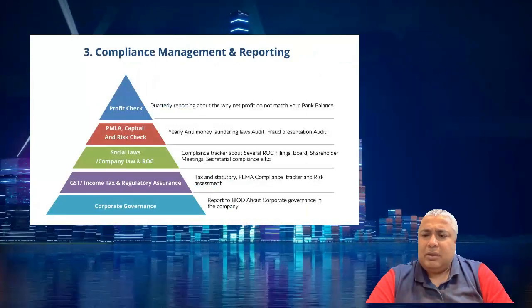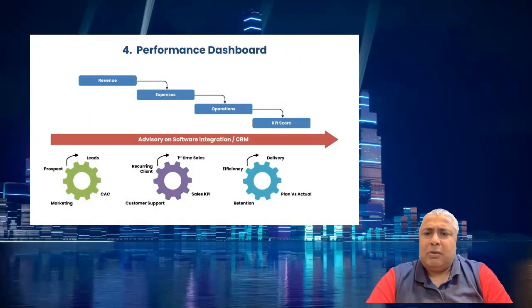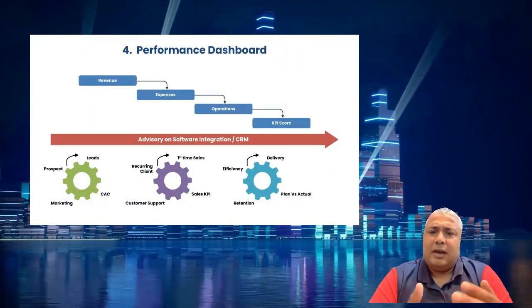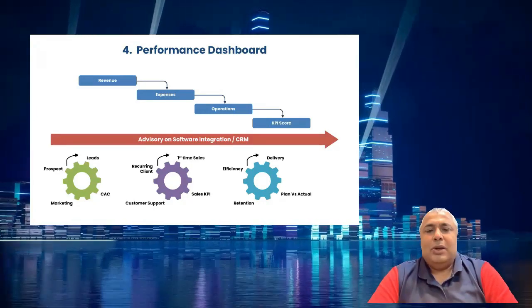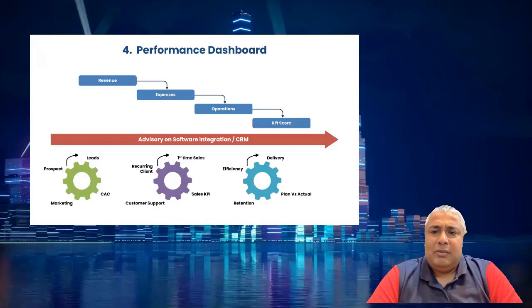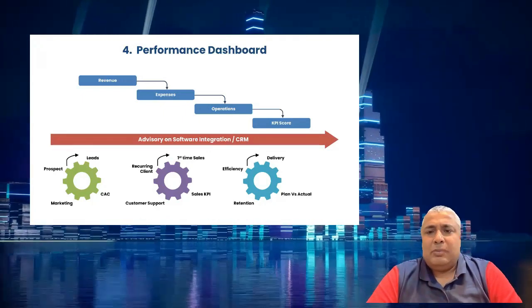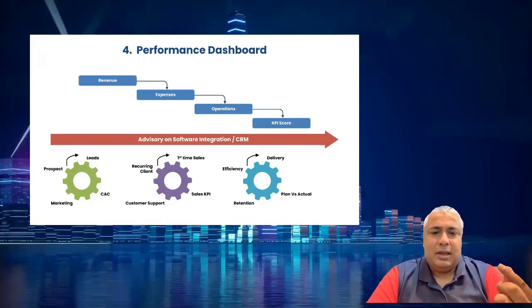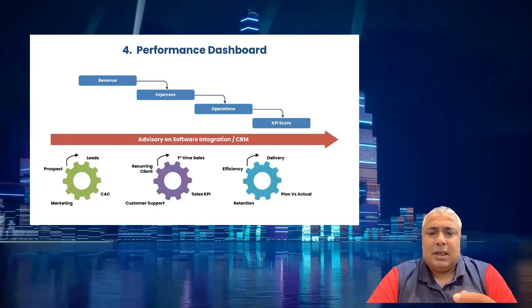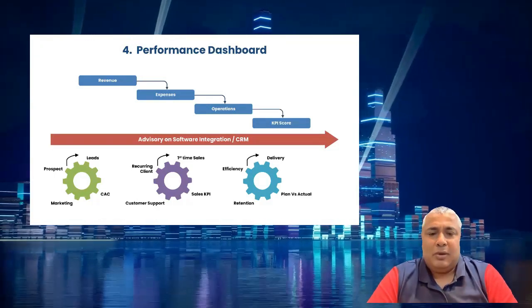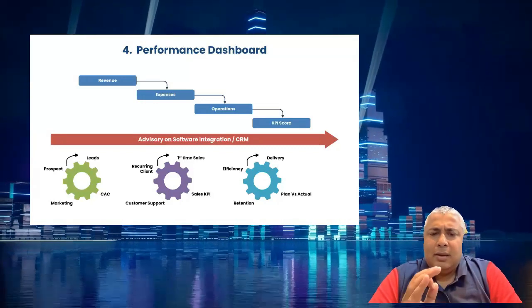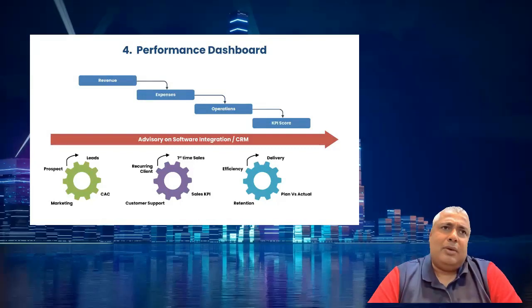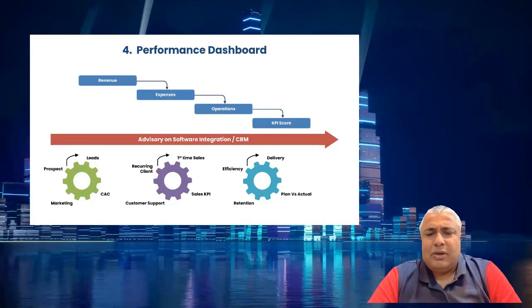So they are building such a performance dashboard, which is very important: revenue, expenses, operations, and KPI scores. So these are the four components which we build, that is called the performance dashboard. Easily you can select any of your team members, and you'll get his or her performance, what is his or her contribution in each dollar of your revenue and each dollar of your profit, how much you save.